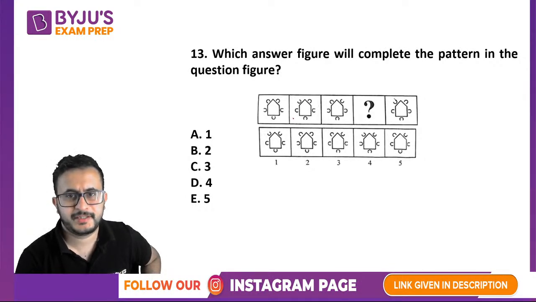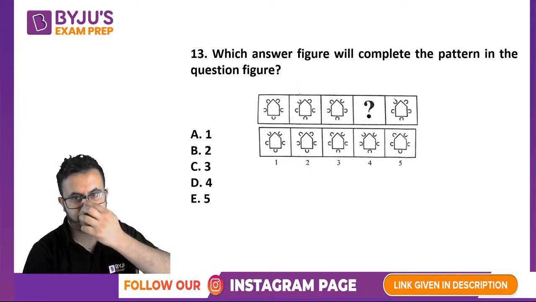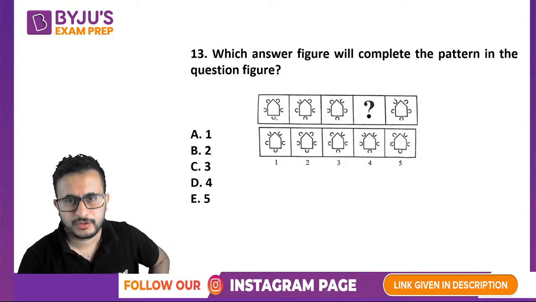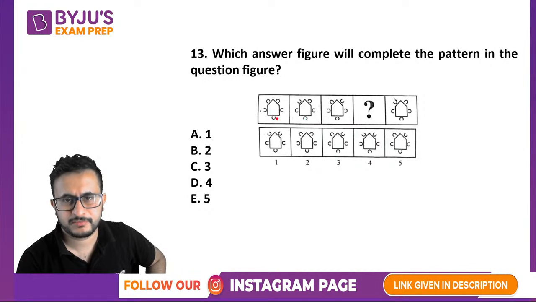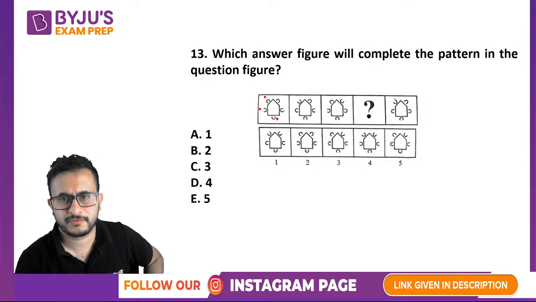Okay, so let us find that. The ones which are reversing, I'm marking them with a dot. So this is reversing, this is reversing, this is reversing its direction, not reversing, not reversing.